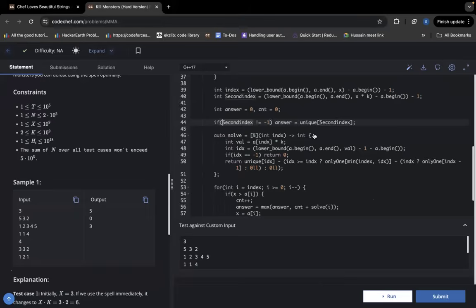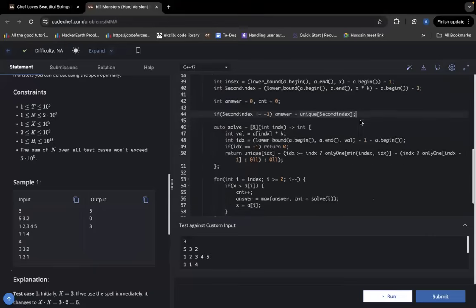So the answer is just unique of the index where I start, right? So that is what I'm exactly finding. If I already do my x into k operation before killing anything, what is the number of monsters I can kill? That is just unique second index. Okay. Is this solution clear, guys?